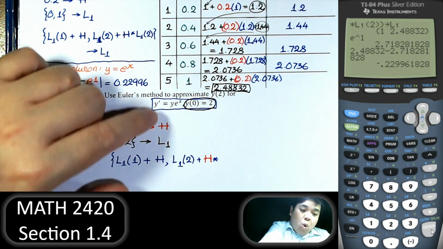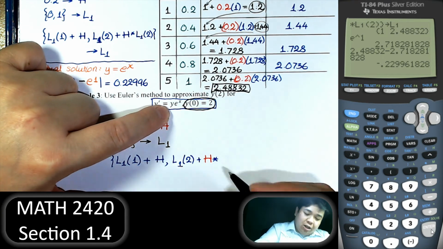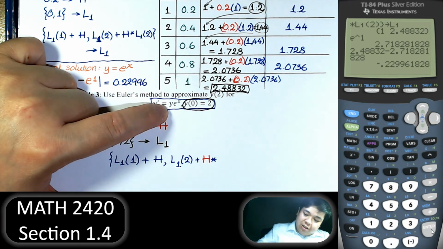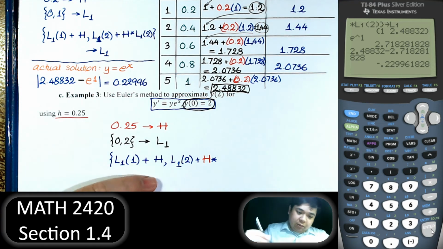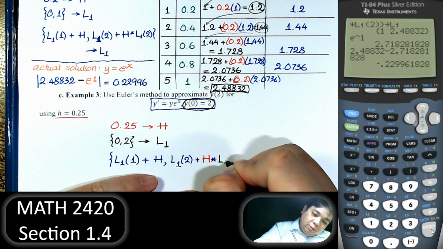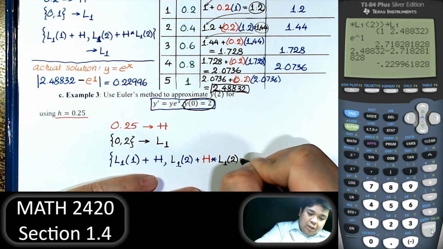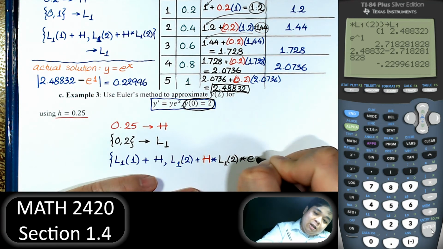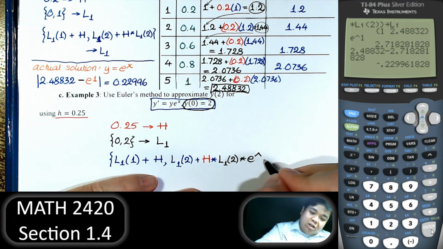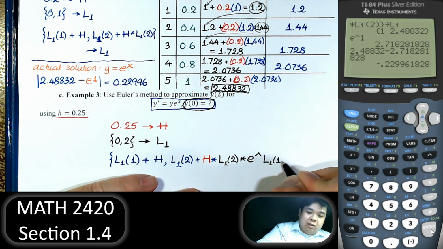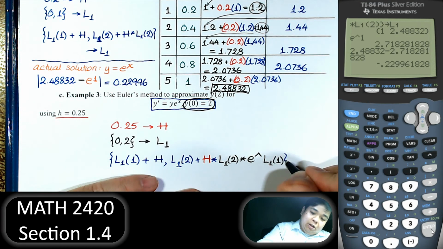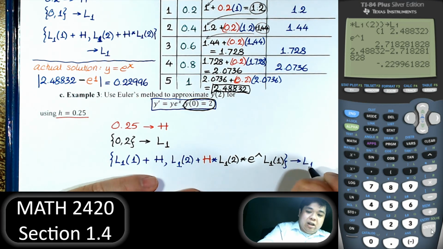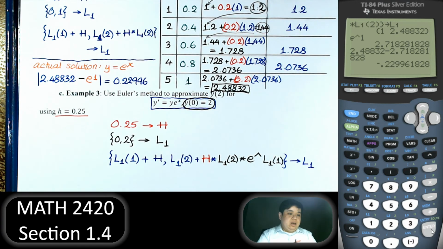The slope in this case is y e to the x. y is the second component of the list, and then times e to the power of x, which is the first component of the list. And we store this back into list 1. So this process will be done recursively.